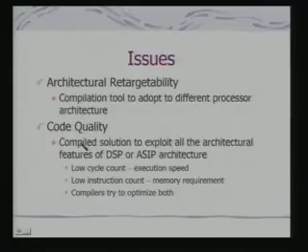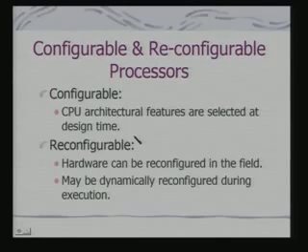The code quality expected from a compiled solution that exploits all the architecture features of a DSP or ASIP architecture would be low cycle count, low instruction count, and you would like to optimize these along with the energy as well. Let us take an example of configurable and reconfigurable processors, because this is exactly the point we had discussed earlier. If I have a configurable processor, the CPU architectural features are selected at design time.